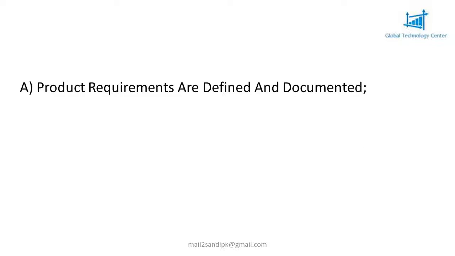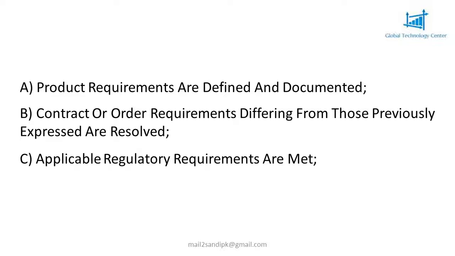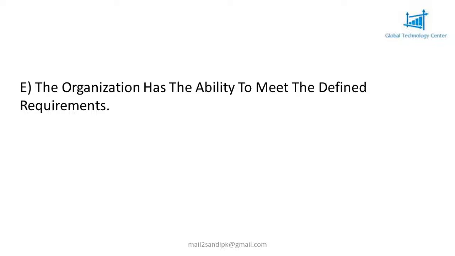Product requirements are defined and documented. b. Contract or order requirements differing from those previously expressed are resolved. c. Applicable regulatory requirements are met. d. Any user training identified in accordance with the determination requirements is available or planned to be available. e. The organization has the ability to meet the defined requirements.